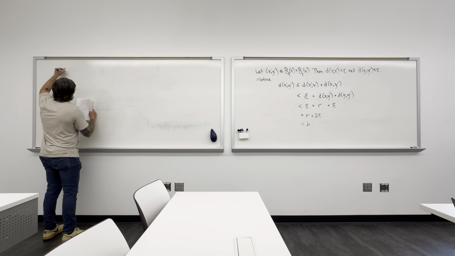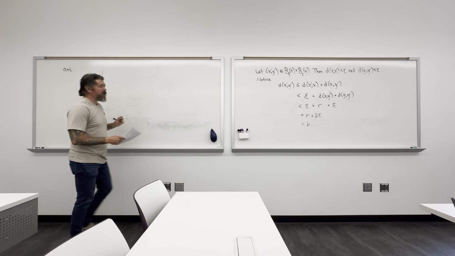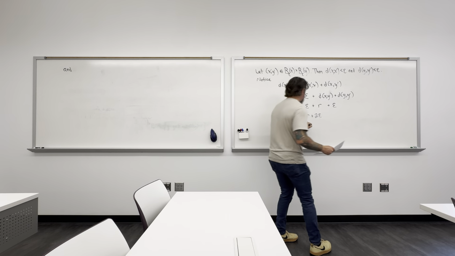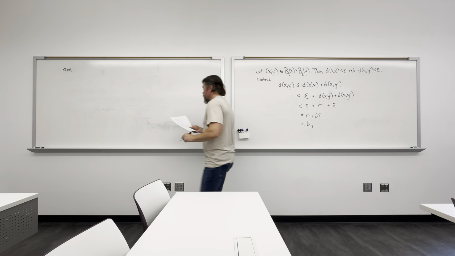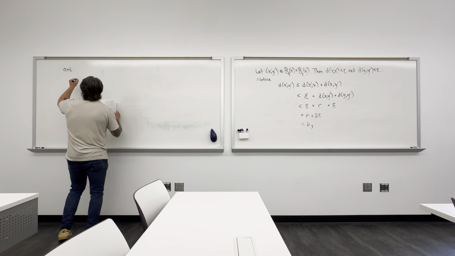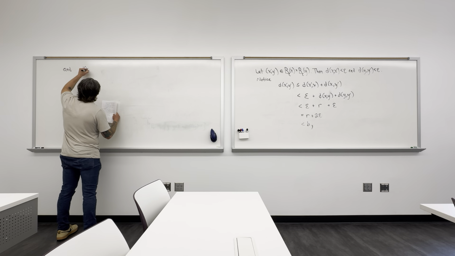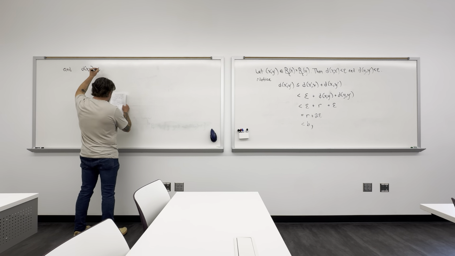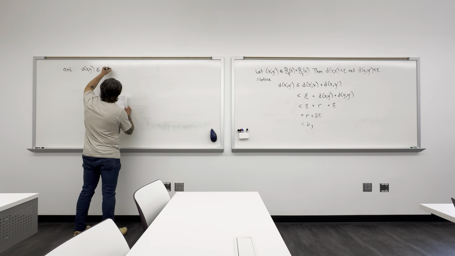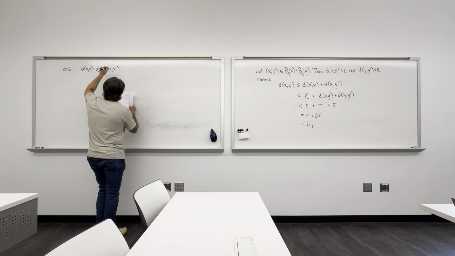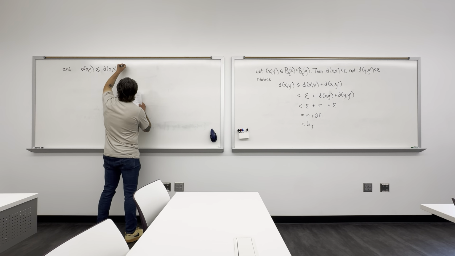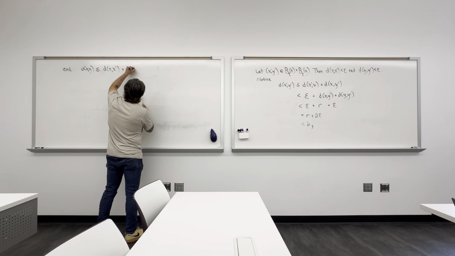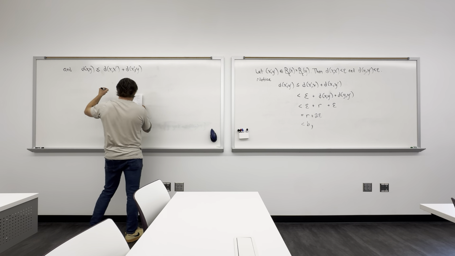Okay, and I guess we'll put a comma here to continue it on. Let's look at the distance of x, y. The distance of x, y by the triangle inequality is less than or equal to the distance of x, x prime plus the distance of x prime, y.